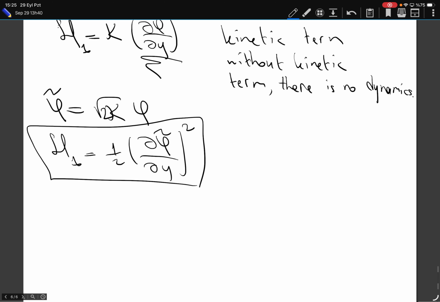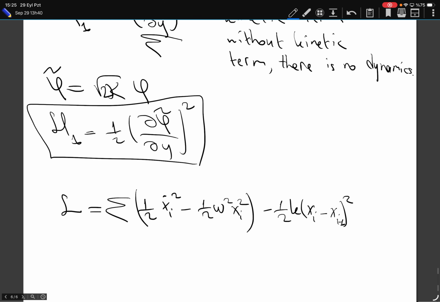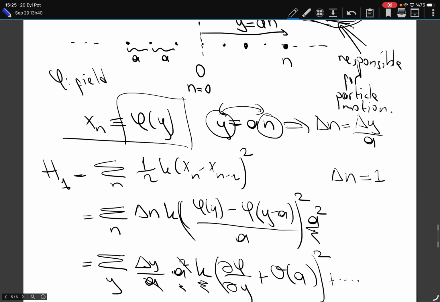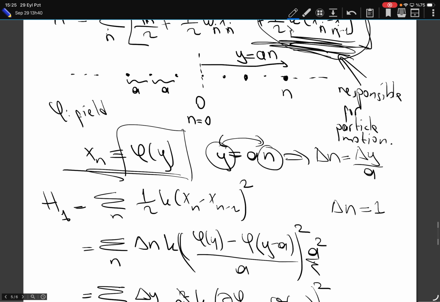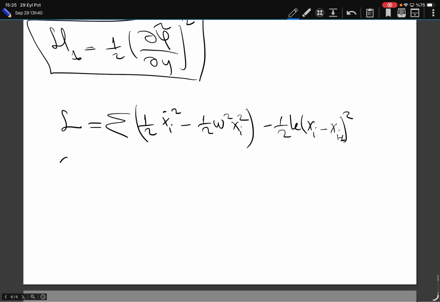Now, of course, since I'm considering the time dependence also, the time derivative, I will put in this definition: I will identify xn of t with phi of y at the time t.